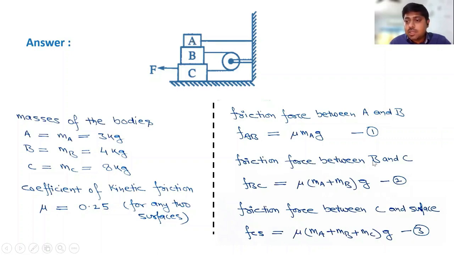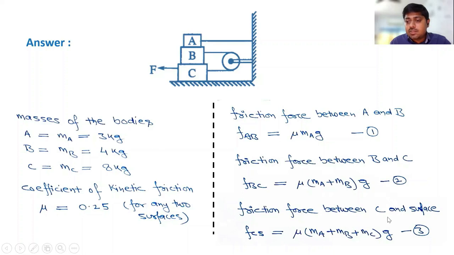Frictional force between B and C, that is between these two, will be FBC, which will be equal to mu times the mass of these two bodies, that is (Ma plus Mb) into g.